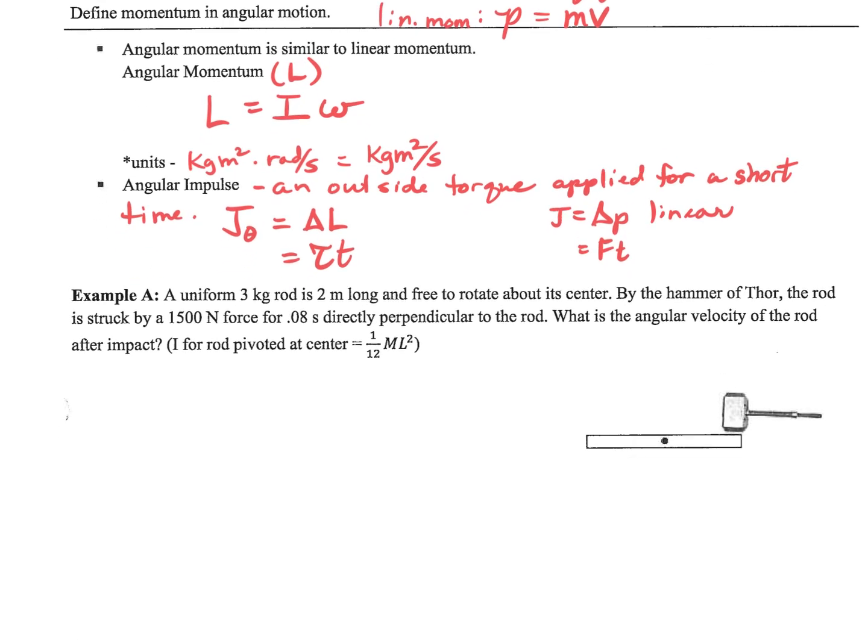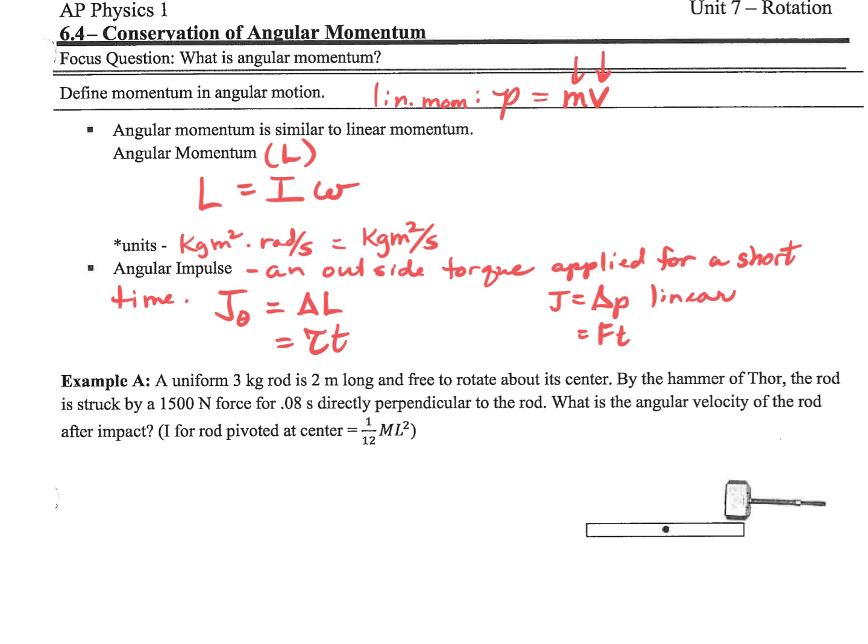So angular momentum, if you notice, is ruled by both the inertia and the angular velocity. As I goes up, L goes up, or as our angular velocity goes up, angular momentum goes up.